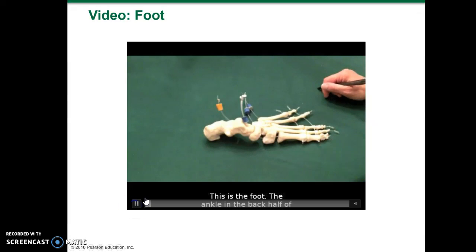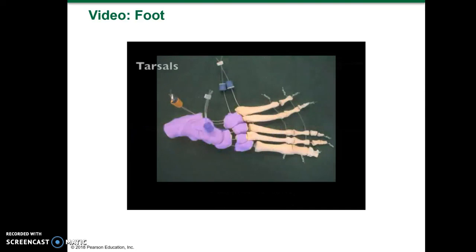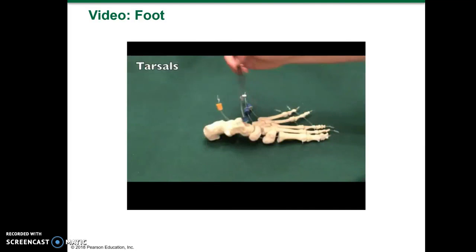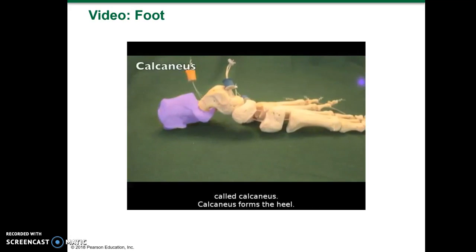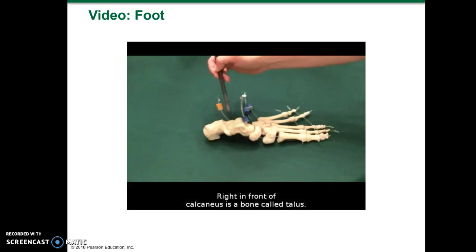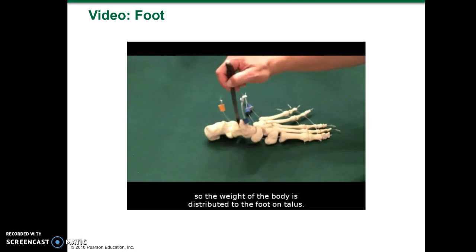This is the foot. The ankle and the back half of the foot is made of 7 bones called the tarsals. The biggest and most posterior tarsal is called the calcaneus. Calcaneus forms the heel. Right in front of calcaneus is a bone called talus. Talus is the bone that articulates with the tibia, so the weight of the body is distributed to the foot on talus.